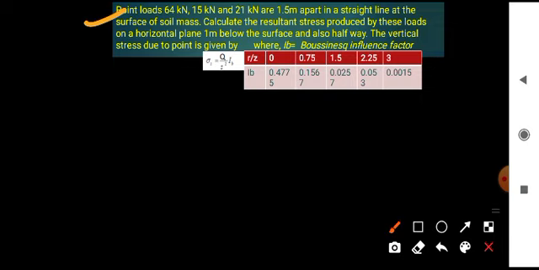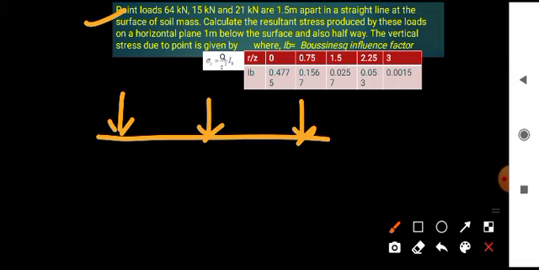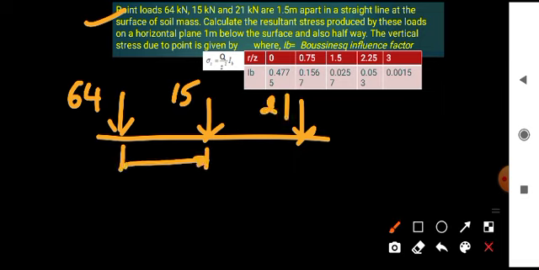These point loads are at a distance 1.5 meter apart, acting on the surface: 64 kilonewton, 15 kilonewton and 21 kilonewton, 1.5 meter apart from each other.